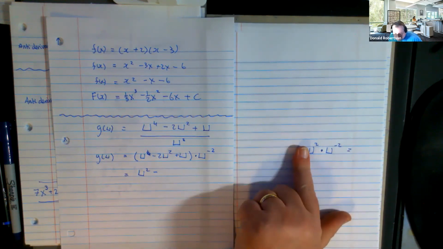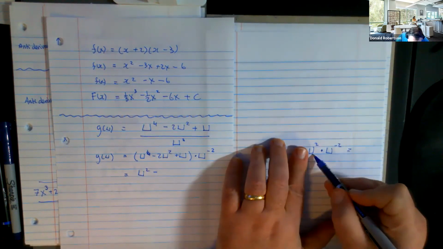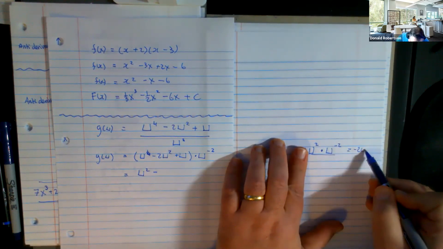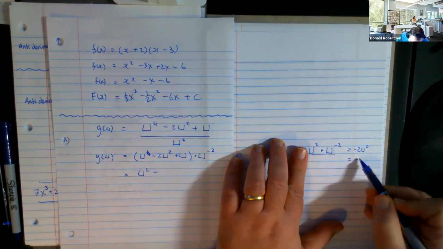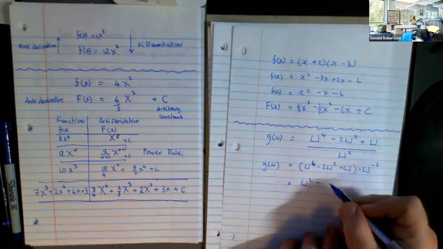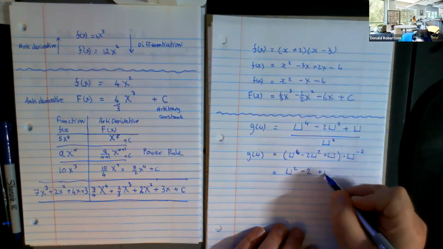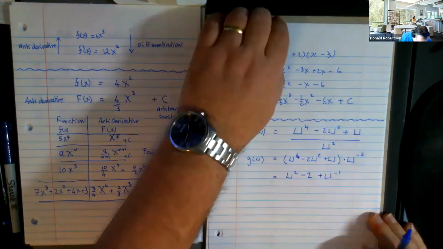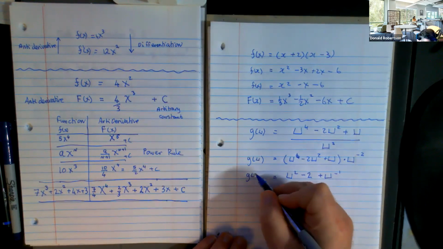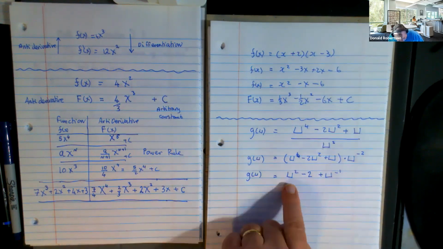Forget about the 2 minute. Oh, you said it, yeah. If you ignore that 2, don't these two combine to give you u to the 0? Isn't u to the 0 1, so you just get negative 2. And if you multiply this and this together, you get u to the negative 1. And this guy is okay for the power rule.